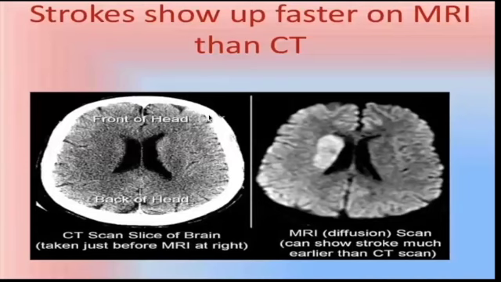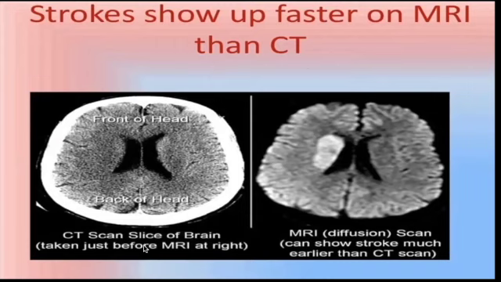Now, this is correct on a scientific basis. However, we would not order an MRI for a patient in an emergent setting with a stroke. But in reality, yes, an MRI would show a stroke much faster than a CT.